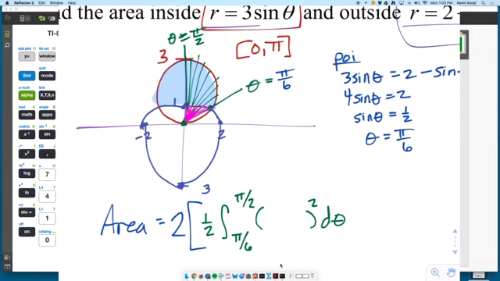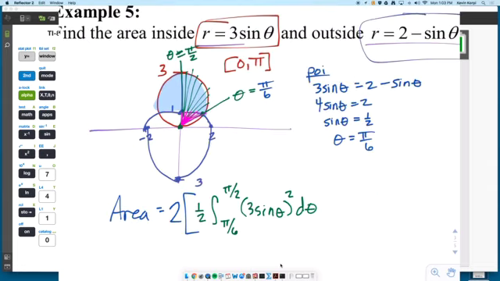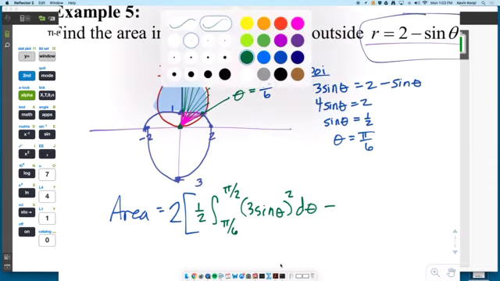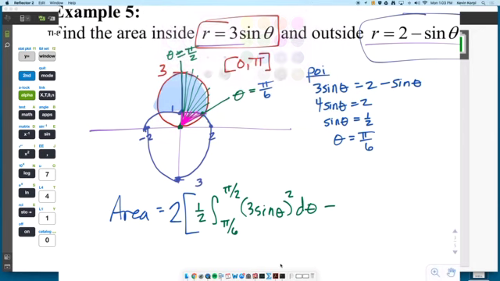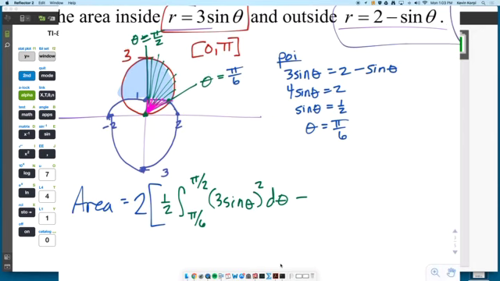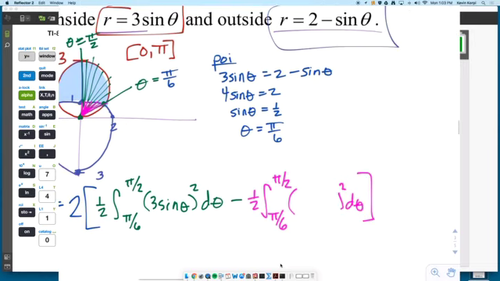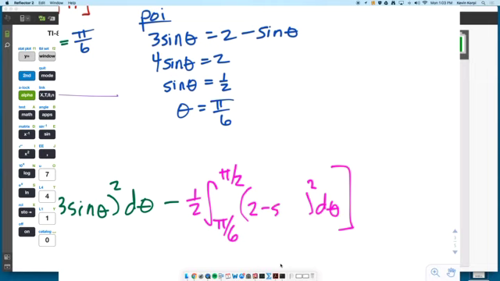And of course, the green one uses the circle 3 sine of theta. And then inside there, I'm going to subtract now the pink radial lines that use the acorn's curve. So it's another separate integral. 1/2 the integral from pi 6 to pi halves of r squared d theta. And that acorn curve is 2 minus sine of theta.